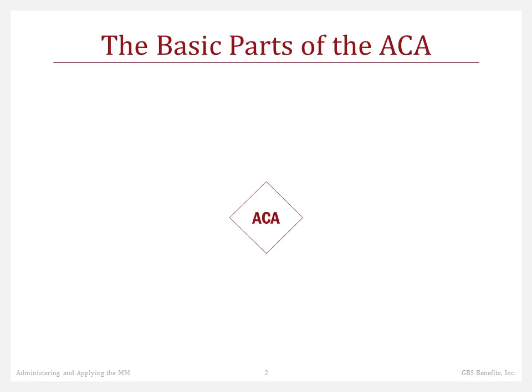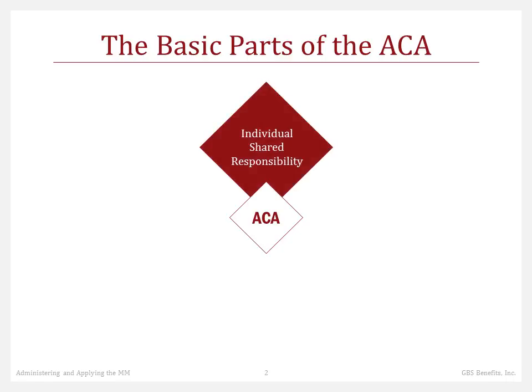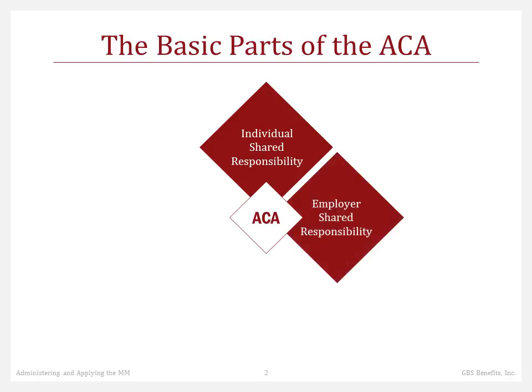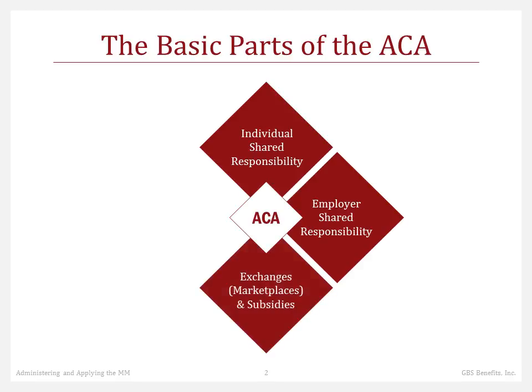So the basic parts of the ACA need to be reviewed first before we move on. We have 4 parts. We have the individual shared responsibility, sometimes referred to as the individual mandate. We also have the employer shared responsibility, sometimes referred to as the employer mandate. And we have exchanges, also referred to as marketplaces. We have all kinds of names for things.